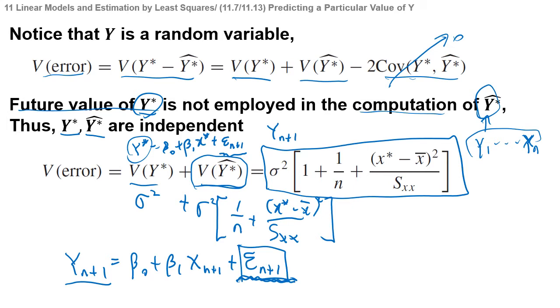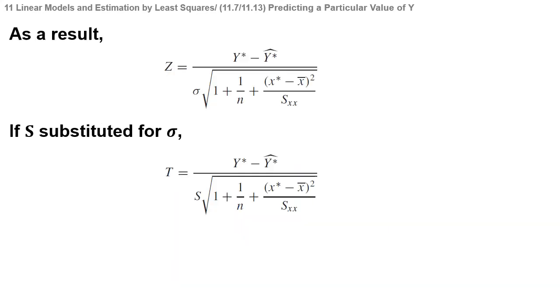So the variation from this epsilon n plus 1 is added to our variance. That's this part. So you can intuitively understand this situation this way. In the future event, you are going to have epsilon n plus 1, and so that part can be considered in the calculation of variance. Okay.